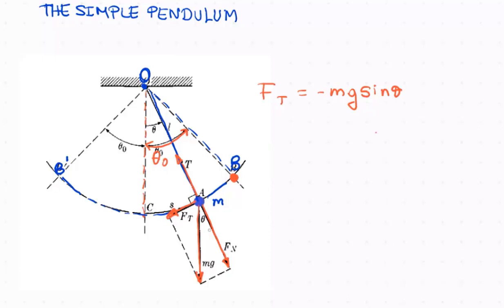We see this angle theta here. I will write some lines inside the triangle. This triangle is a right triangle, right? This is the 90 degrees angle.